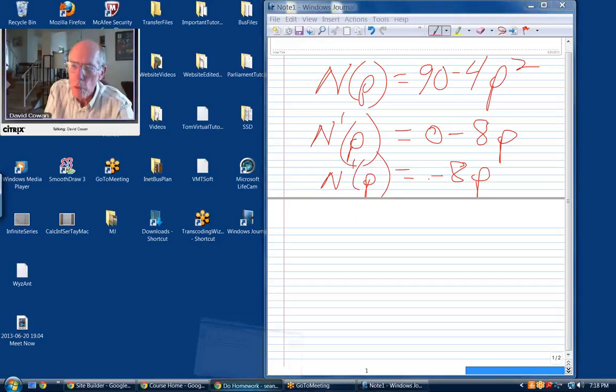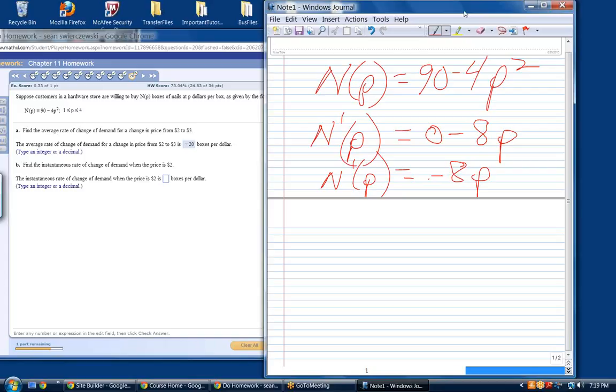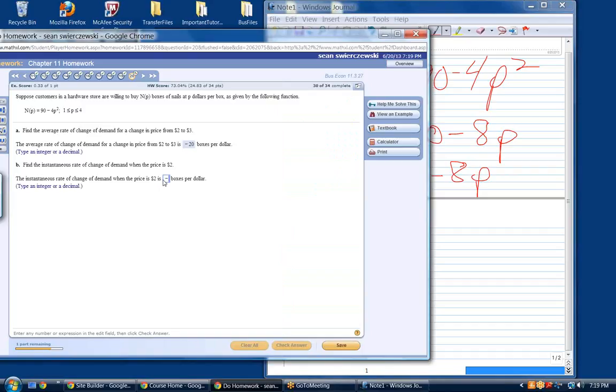So when it's $2, what is it? Negative 16. And when it's $3, what is it?